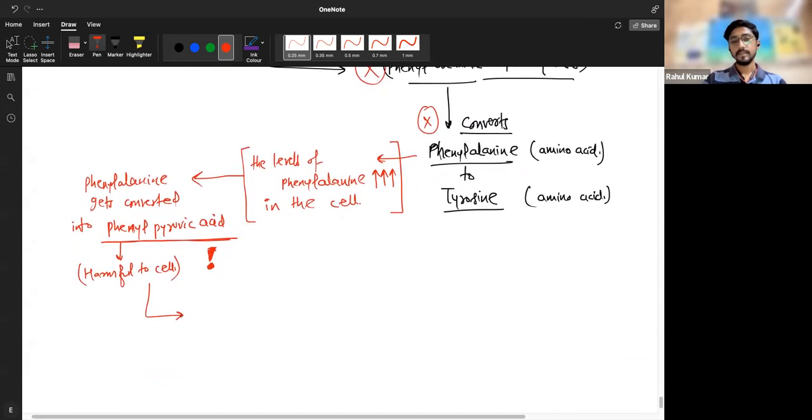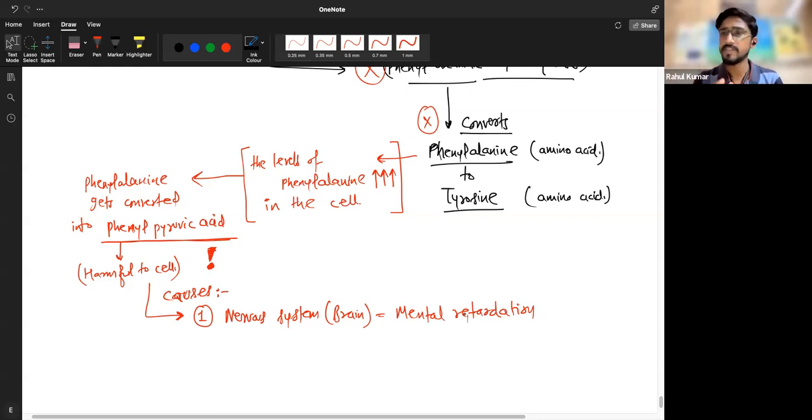Okay, and what are the effects in this disease? First, it affects the nervous system or the brain, and it causes mental retardation. This is the first symptom. Now you see that this gene is mutated.